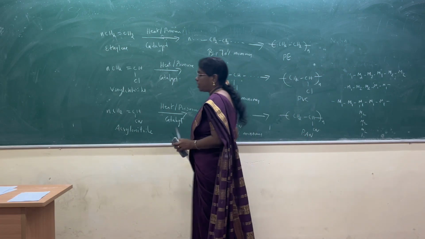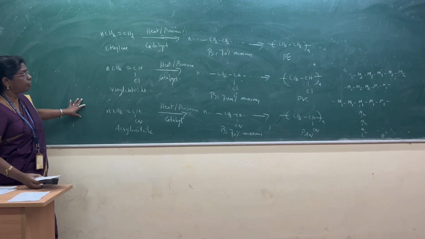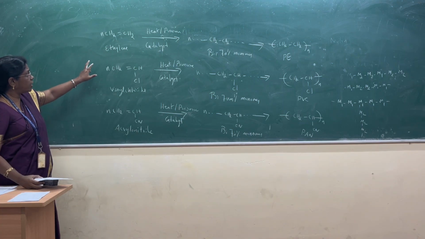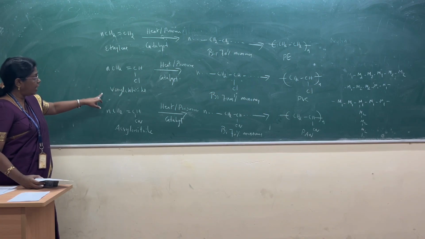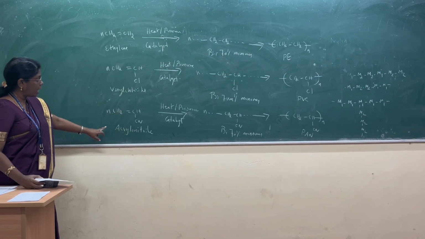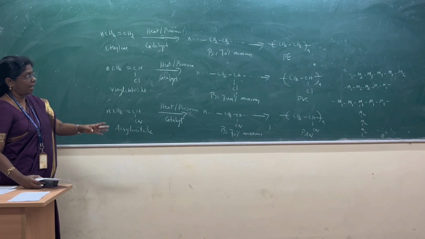What is the expansion of PAN? Polyacrylonitrile. Those are the examples for addition polymerization. Ethylene undergoes polymerization to give polyethylene. Vinyl chloride gives polyvinyl chloride. Acrylonitrile gives polyacrylonitrile.